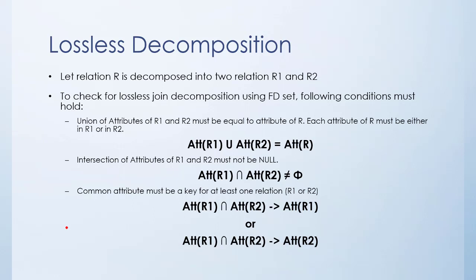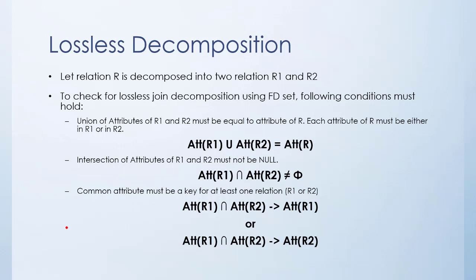The second point says that the intersection of attributes of R1 and R2 must not be null. So in simple words, there should be a common attribute or a set of common attributes in R1 and R2. So attribute of R1 intersection R2 not equal to null. And the third one tells that the common attribute must be a key.